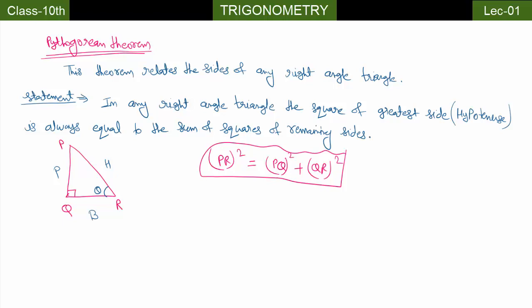So the mathematical form of the Pythagorean theorem is: hypotenuse square is equal to perpendicular square plus base square. Why this theorem is helpful is, if I am given any two sides of a right angle triangle, by using this formula I can find the remaining side.